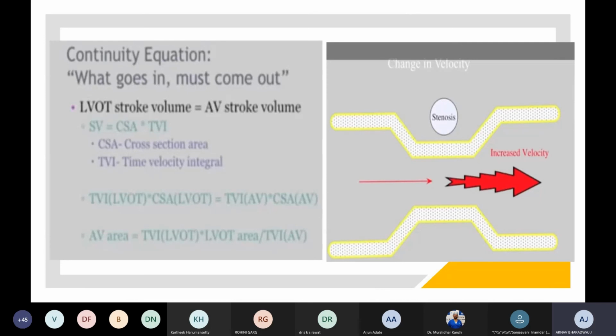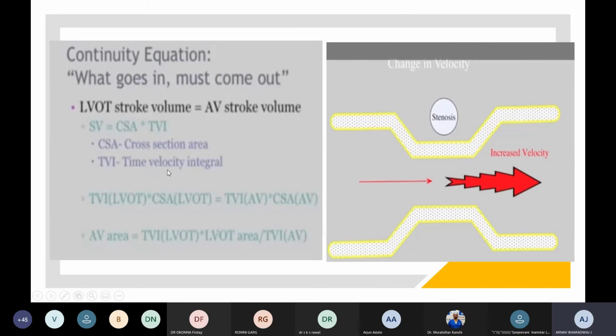The continuity equation says that what goes in must come out. So LVOT stroke volume is equal to AV stroke volume. Stroke volume is equal to cross sectional area times velocity time integral. The cross sectional area is derived from the LVOT diameter, by pi r squared, or pi times diameter by 2 squared.